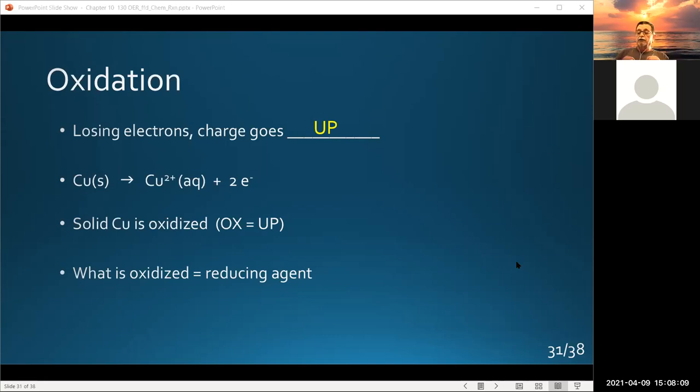It itself became oxidized because it gave up the electrons. So those electrons are going to be used by some other element, and they're going to pick up those electrons. Therefore, copper now is the reducing agent because it supplies the electrons that another species is going to gain, which is the reduction of that other species.